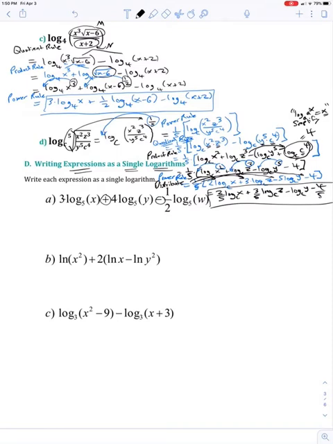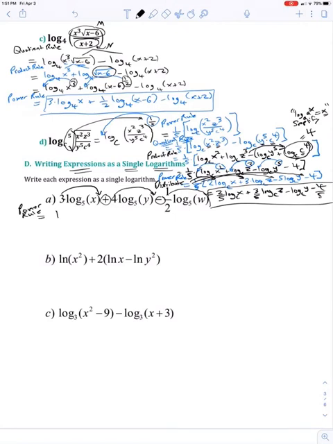So we'll be able to use the product and the quotient rule eventually, because these are all log base 5 logarithms. But our first step would be to apply the power rule. So what we need to do before we can use the product rule and the quotient rule is we need to bring up these coefficients, these factors of 3, 4, and 1/2 back up into the exponent.